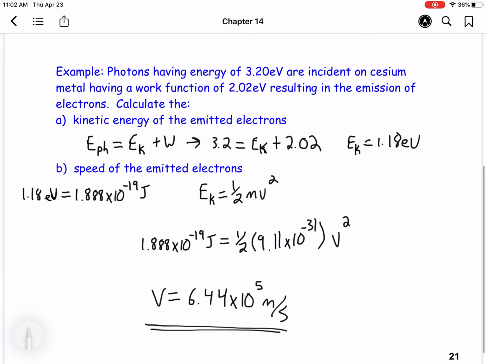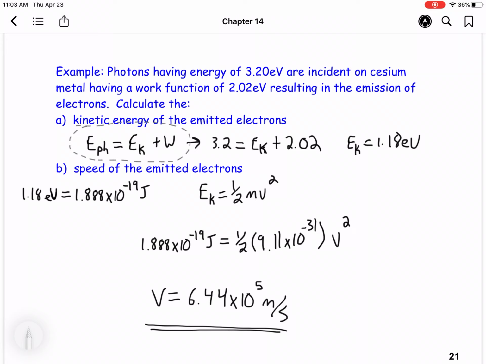All right, so here's an example. I fill out these examples just because it speeds the video up. Photons having energy of 3.2 eV are incident on cesium metal having a work function of 2.02 eV, resulting in the emission of electrons. Incident means it's hitting. Calculate the kinetic energy of the electrons emitted. So we start with E photon.